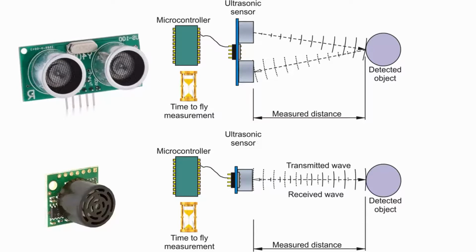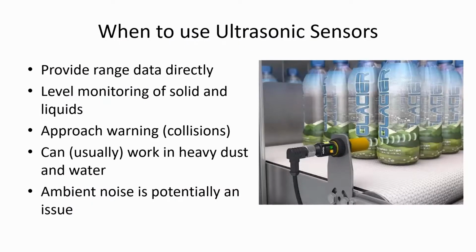Here it will send a sound pulse, and then it also senses the response, and then it calculates the distance based on the time taken for the echo. So these ultrasonic sensors provide range data directly, as I told you, in centimeters or meters. That information we can get from that.